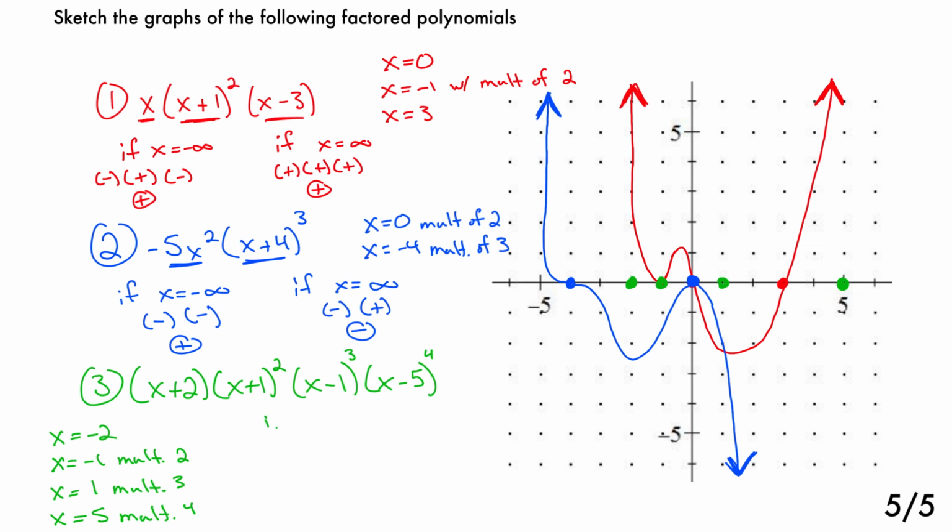End behavior, if x is equal to negative infinity, then negative infinity plus 2 is negative infinity, so this would turn negative. Negative infinity plus 1 is negative infinity, but if I square that, it'll become positive. Negative infinity minus 1 is negative. Negative cubed is still going to be negative.